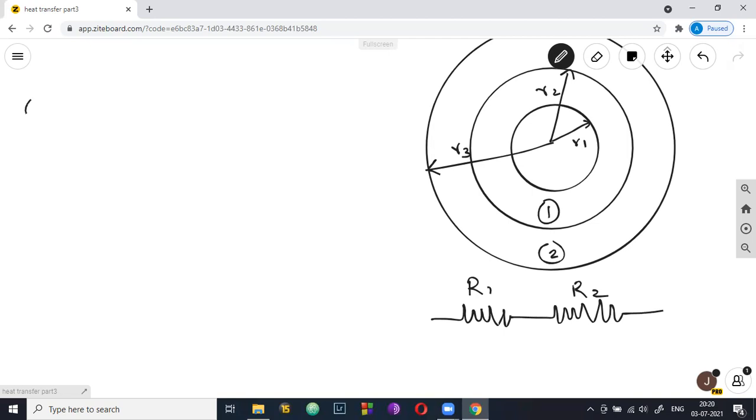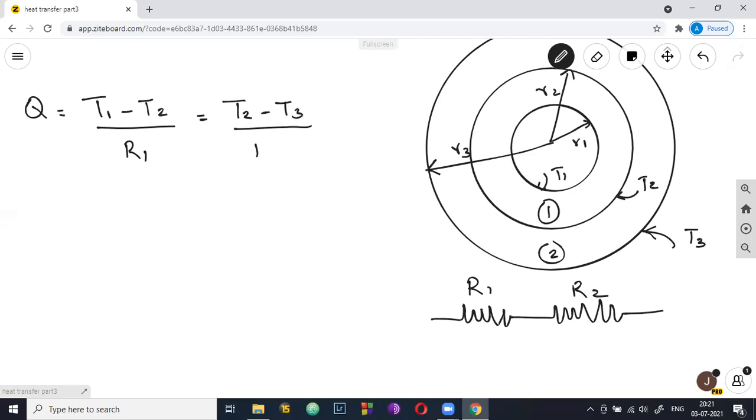So we can say that Q is equal to, let's say the temperature here is T1, here the temperature is T2, and the temperature here is T3. So T1 minus T2 divided by R1 is equal to T2 minus T3 divided by R2.